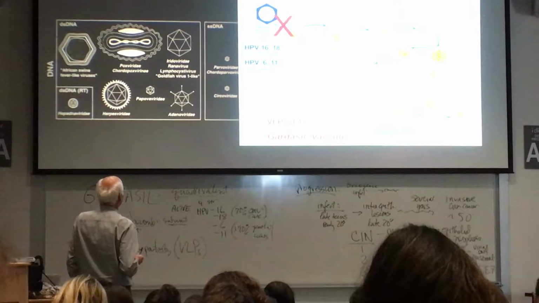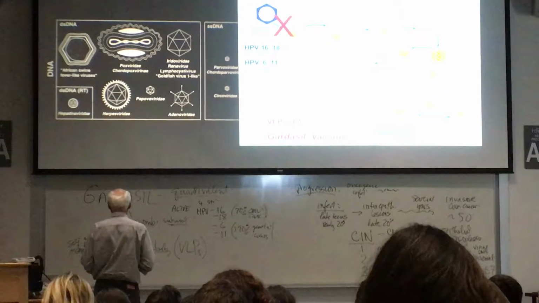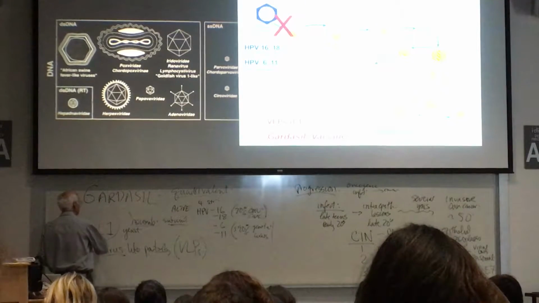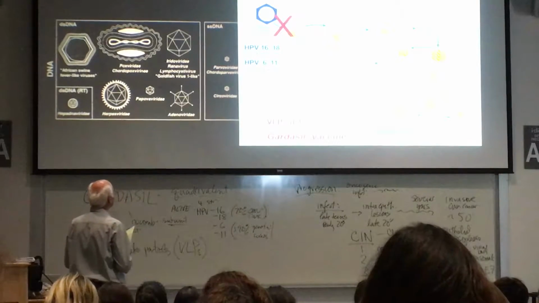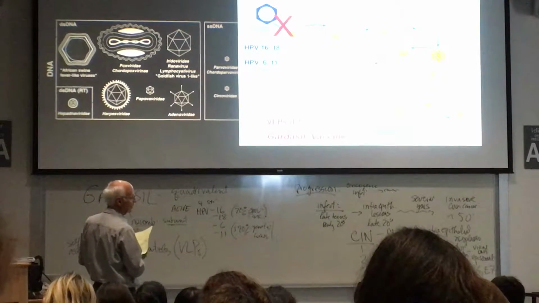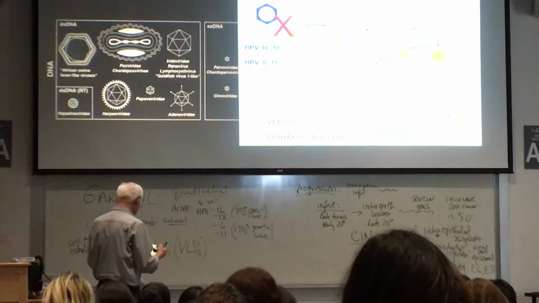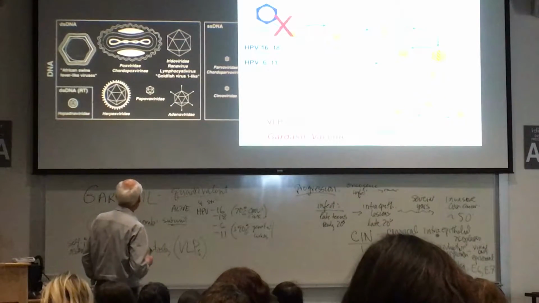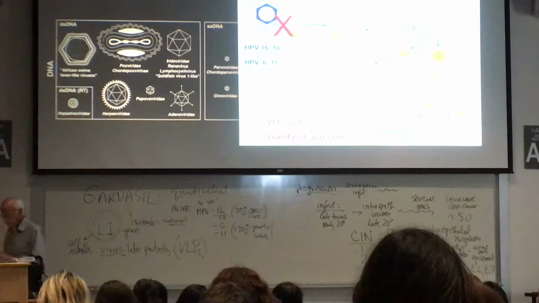So when you're immunized, you generate antibody against L1, and that antibody then neutralizes the virus by impairing the interaction with the receptor. And so that's the essence of how Gardasil then prevents infection.